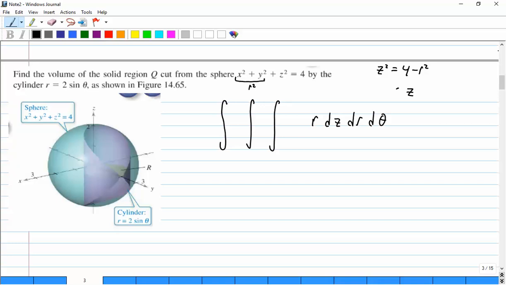So that's how my z is going to be bound. My z is greater than or equal to the negative square root of 4 minus r squared, and less than or equal to the positive square root of 4 minus r squared. So my boundaries are from negative square root of 4 minus r squared to positive square root of 4 minus r squared. Okay?